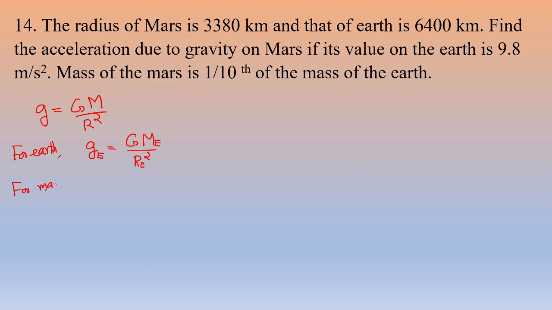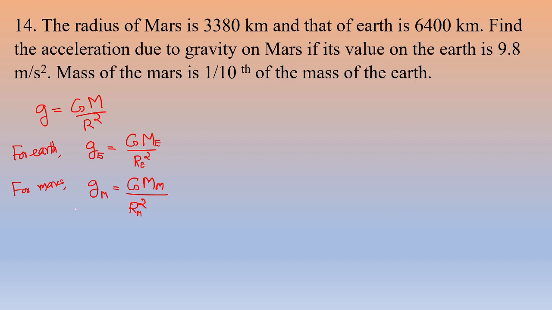For Mars, gM is equal to capital G, the mass of Mars, small m, divided by, small m means it is a suffix, RM whole square.